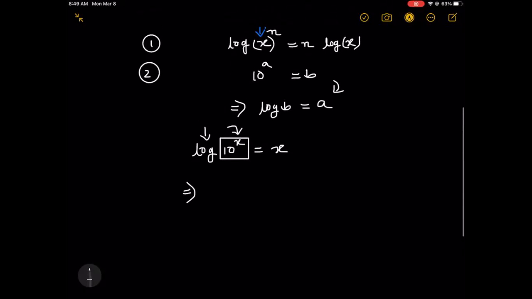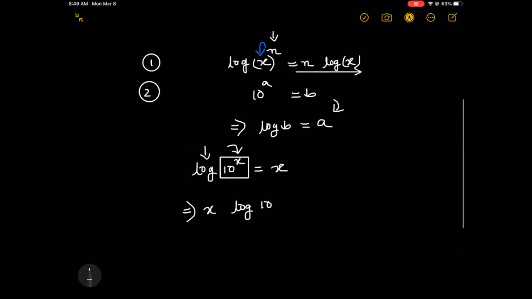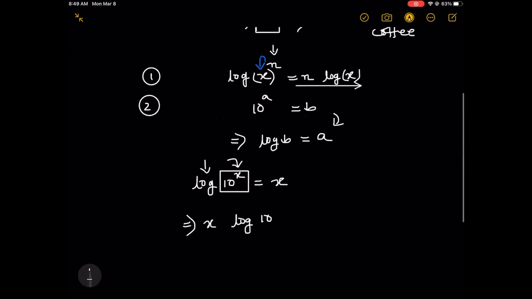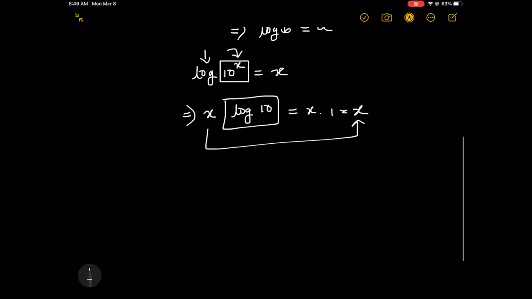I have already shown that you can take the exponent in front, so this x could be taken here, times log 10. And if you remember, I said it's base 10, so log base 10 of 10 gives you 1. If you have the calculator, you can check yourself. So that's how we can actually reach this x. Okay, so that's why this is true.